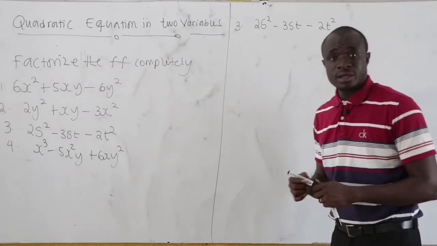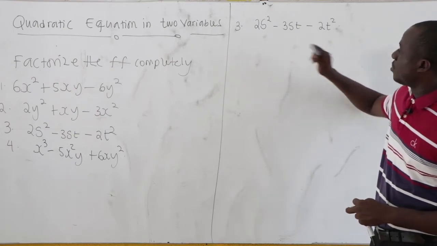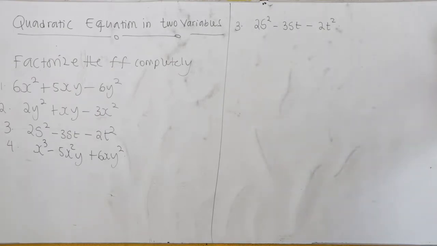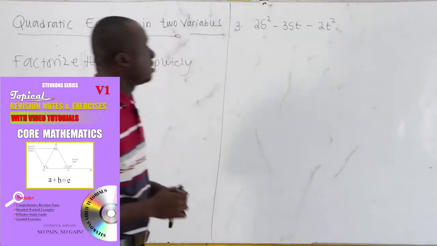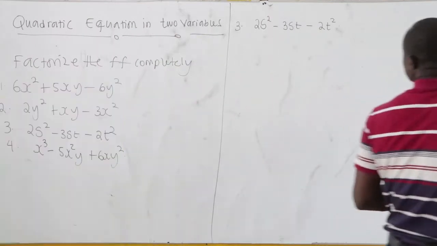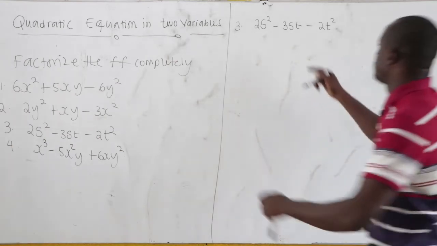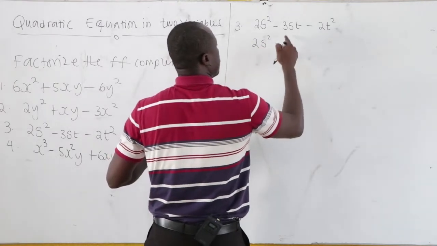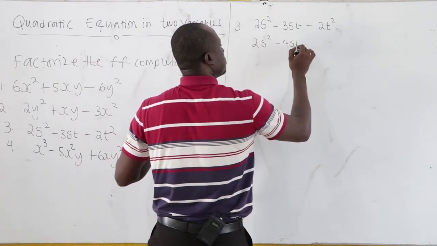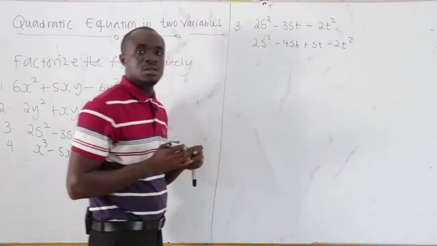Now let's consider this example: 2s squared minus 3st minus 2t squared. This time, two numbers, when you multiply, you get negative 4, but when you add, you get negative 3. What do you think will be the factors? That will be negative 4 and 1, and negative 4 plus 1 gives us negative 3. So we have 2s squared minus 4st plus st minus 2t squared.